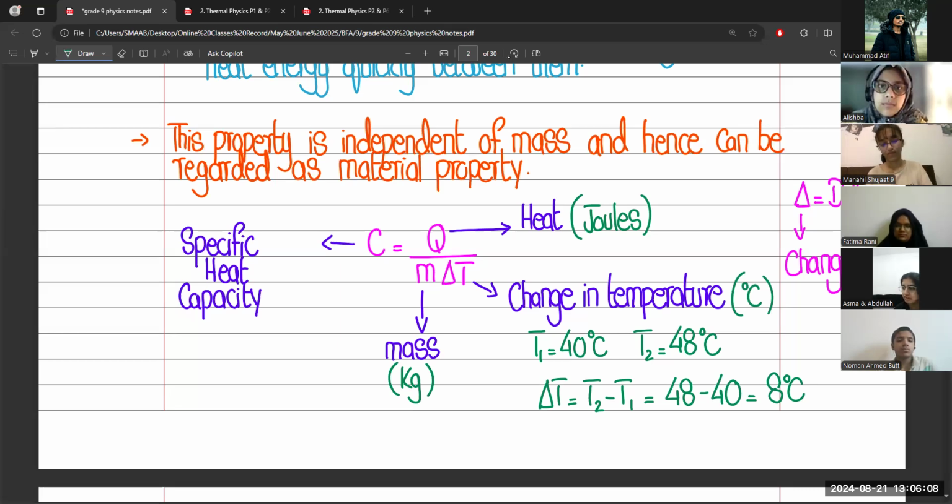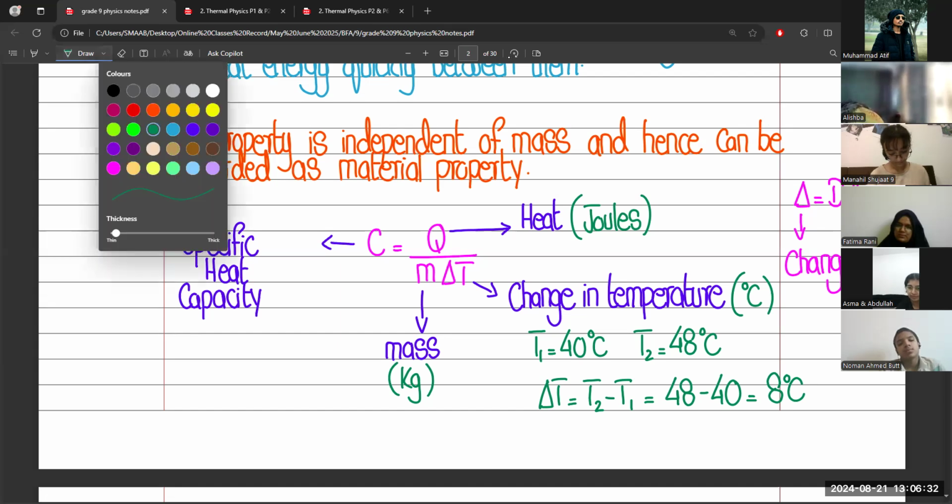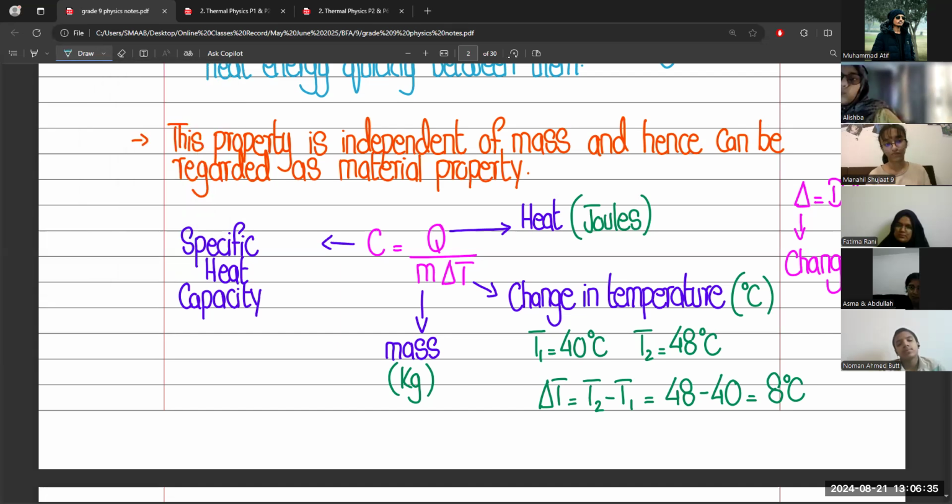So when you write down all the quantities, specific heat capacity is a different one, right? That is not common in our daily life. We use heat, mass and temperature in our daily life, but we are not using specific heat capacity in our daily lives, right? So this is a derived quantity from these three. So when you write down the SI unit for specific heat capacity, you can see joules is on the top in the numerator.